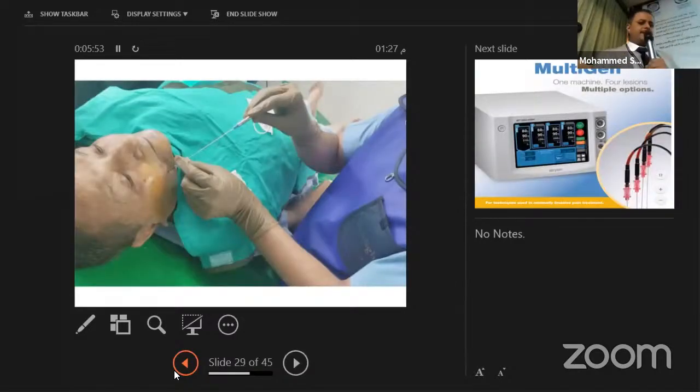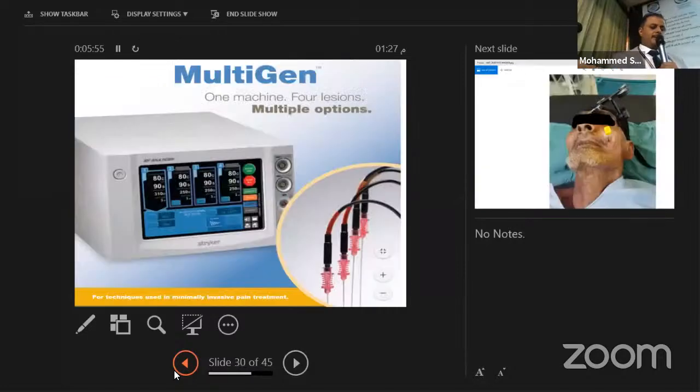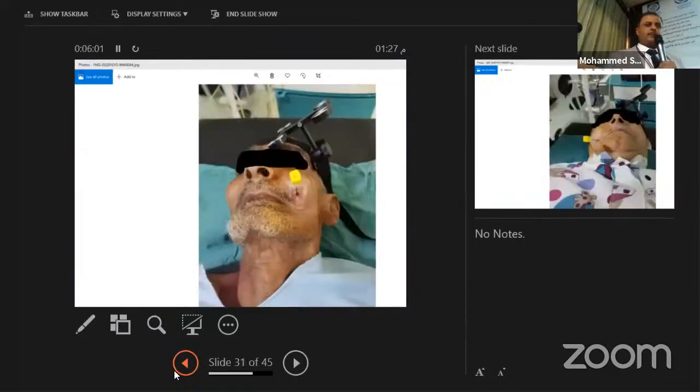This procedure, insertion of the radiofrequency needle into the trigeminal, we do as a day case procedure. The patient will not be admitted. He will not undergo general anesthesia. Within 15 to 30 minutes, the procedure can be done.